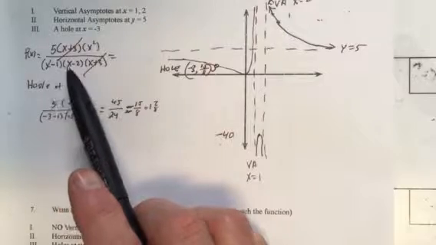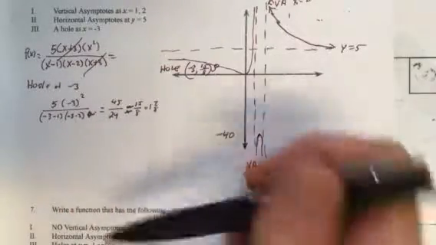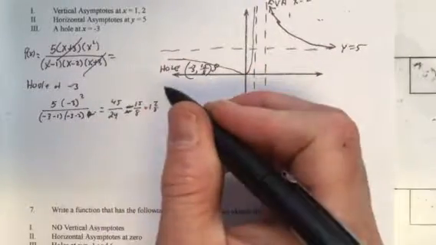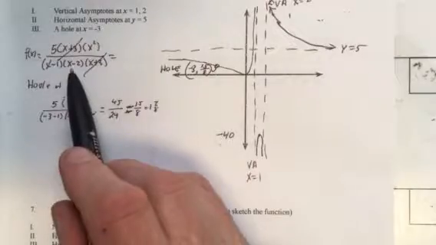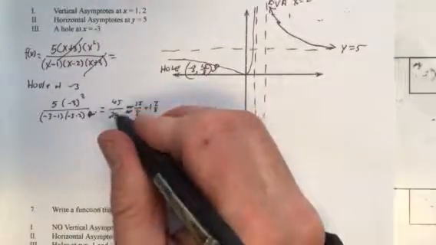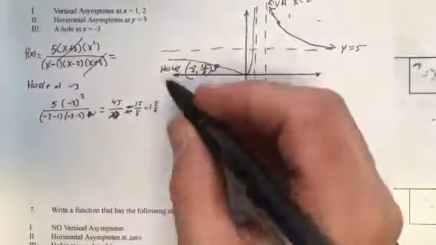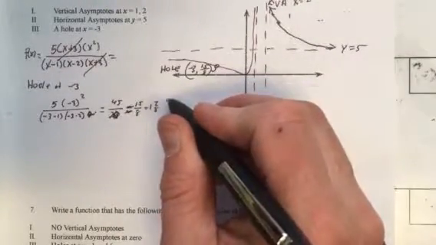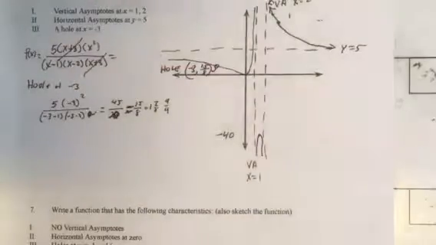Oh, that's 20. That's my mistake. Yeah, 20, I think. Anyway, so you can cancel a 5, and you'll get 9/4.